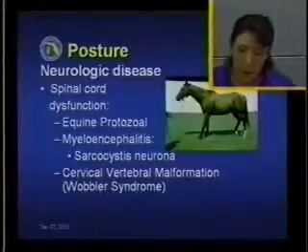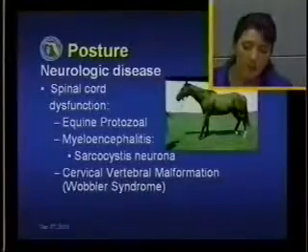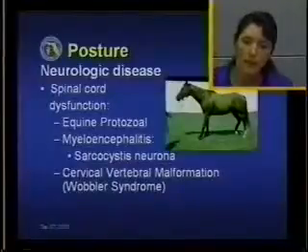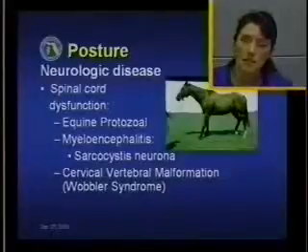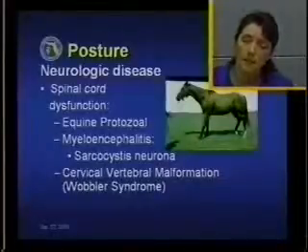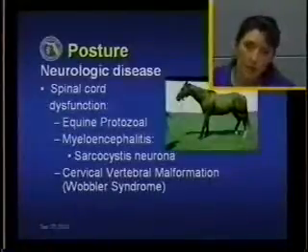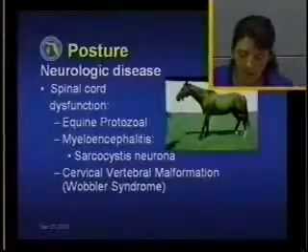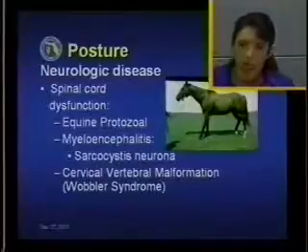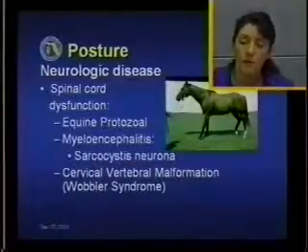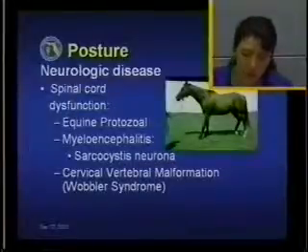In the case of cervical vertebral malformation, the diagnosis is achieved by radiography of the cervical vertebral column, and the changes that are seen are proliferative changes, and sometimes we can also assess the presence of instability. This is more commonly diagnosed with a myelogram, where we inject contrast dye within the intrathecal space, and this dye will identify areas of compression of the spinal cord that can be enhanced by flexing or extending the vertebral column.